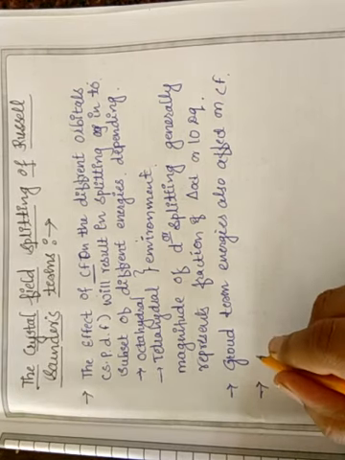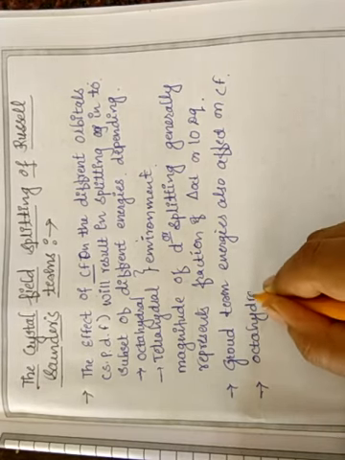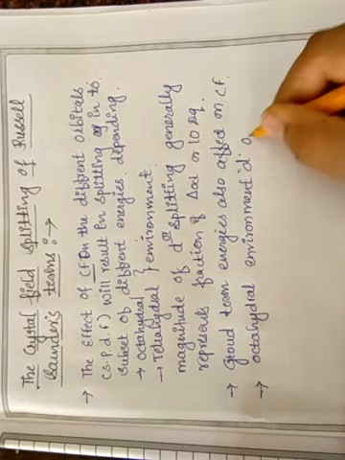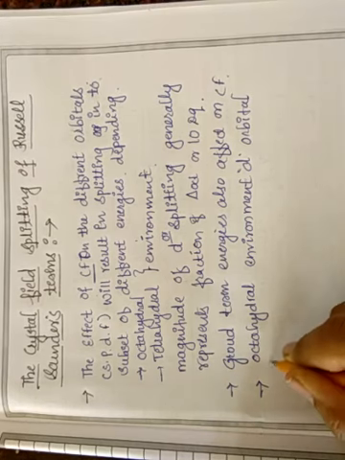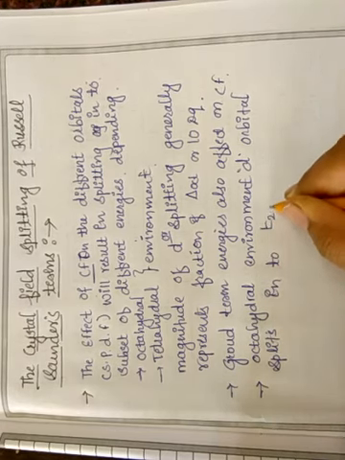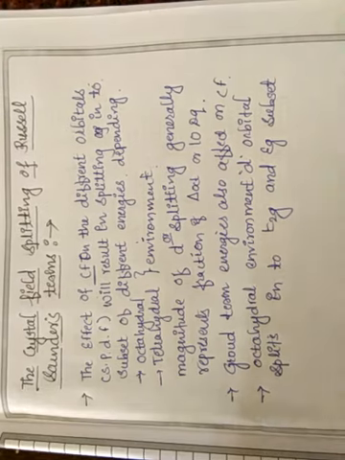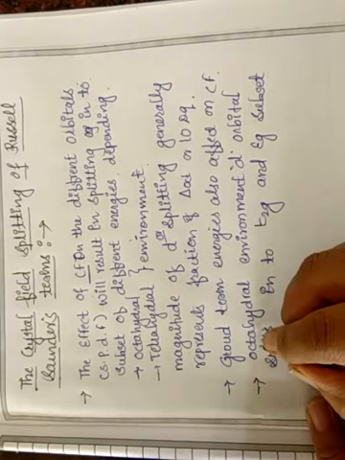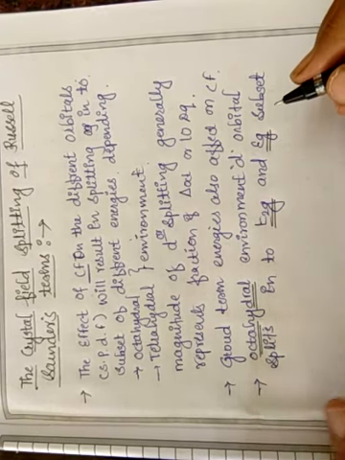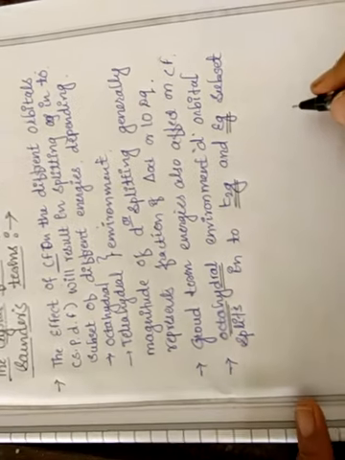So in case of an octahedral environment, the d orbital splits into T2g and Eg, where upper case is used to denote the state and lower case is used to denote the orbital.